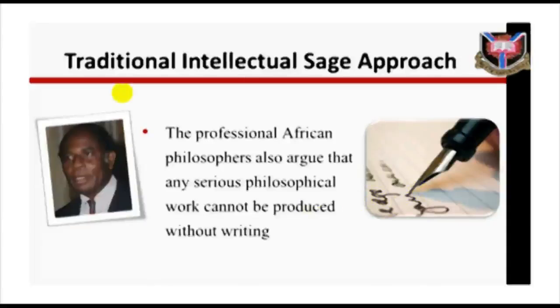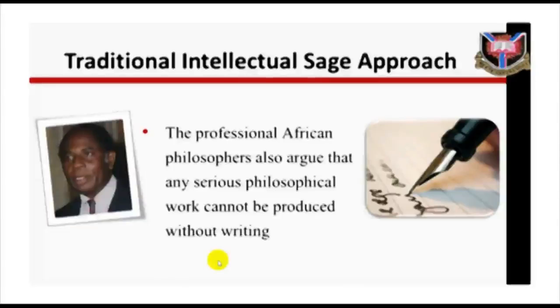But if we look carefully at this criticism leveled against the traditional intellectual sage approach by professional African philosophers, we will see that this group may not be entirely correct. This is because, A. People in traditional society hold individual and different opinions about matters that concern them.